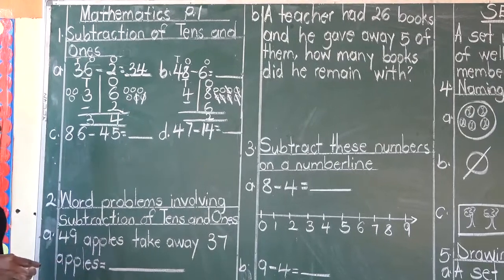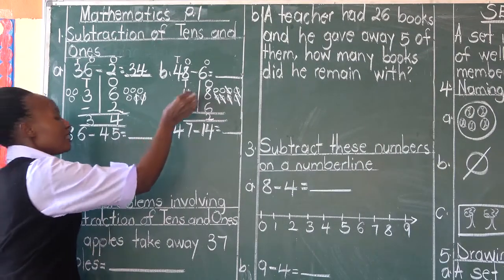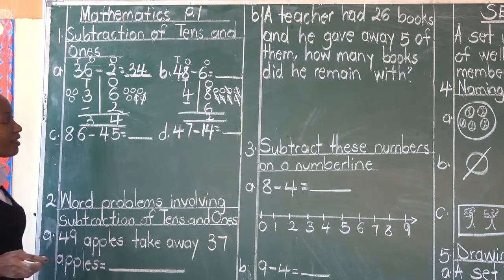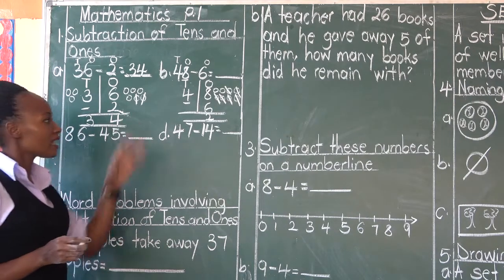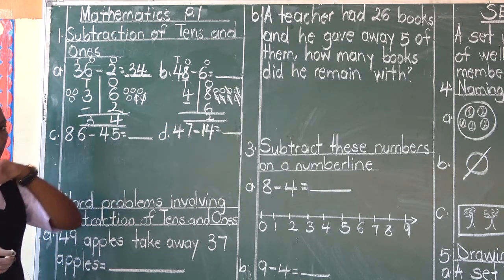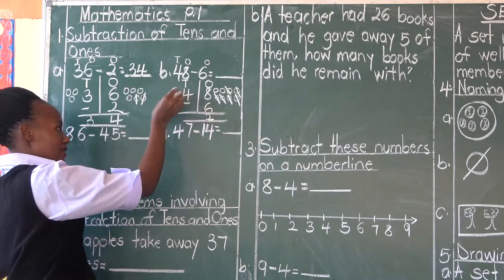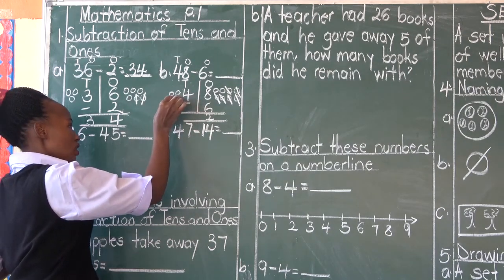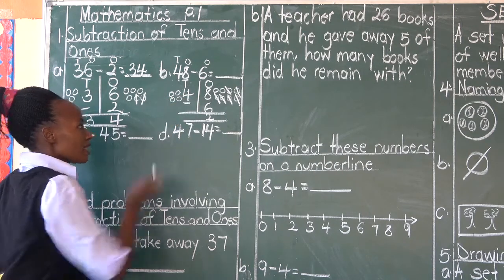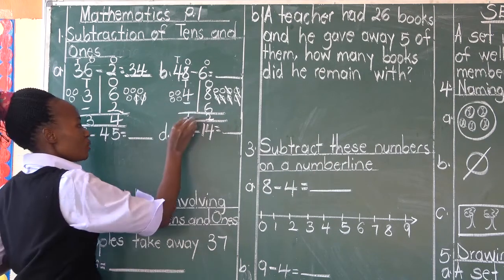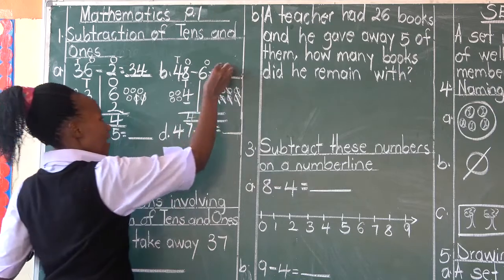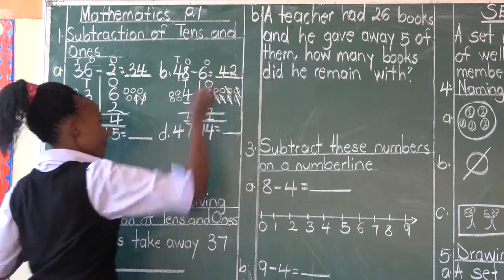We come to tens. Under tens we have 4 take away 0 or 4 take away nothing. And when we say 4 take away nothing, we shall get that very number. But let's show the working. 1, 2, 3, 4. 4 take away nothing, we shall remain with the 4. And our answer will be 42.